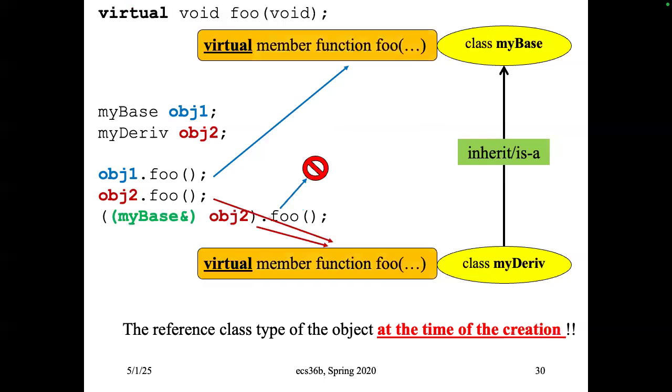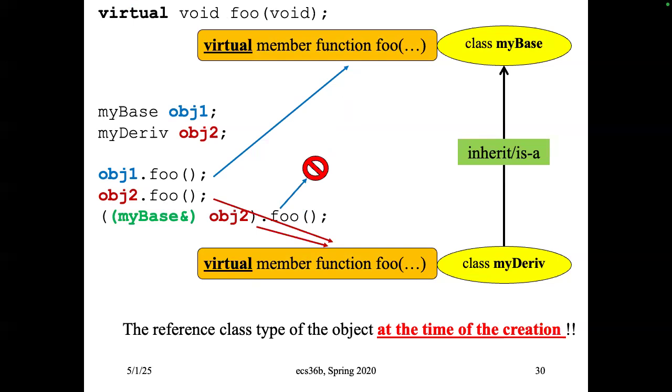Now we look at a different thing. So what is a virtual function? Here's a definition. The definition says that it depends on the reference type of the object at the time of creation.